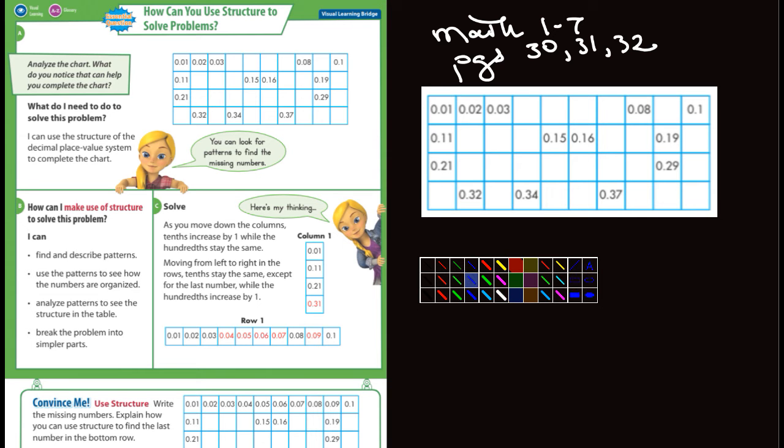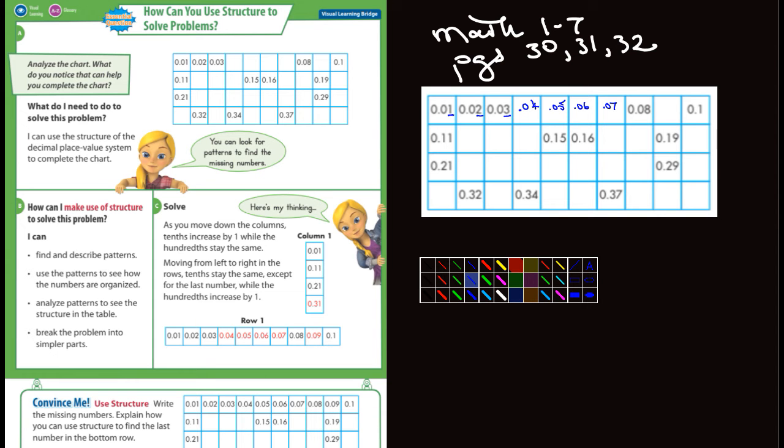Okay, so let's take a look at this here. The first one here is 0.01, and so it's going to the hundredths place. At the hundredths place is the 1, and the hundredths place here is a 2 and a 3. Well, that's pretty easy to figure out. The next one's going to be 0.04, 0.05, 0.06, 0.07.